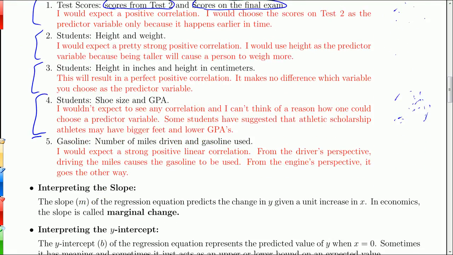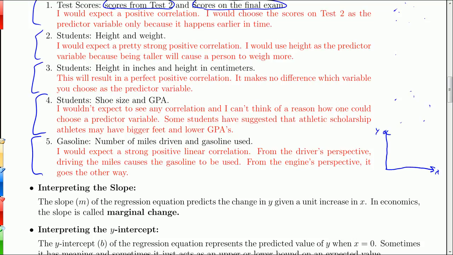Number of miles driven and gallons used. Gallons of gasoline used, or liters of gasoline. Alright, so which is X and which is Y? Which is the causative? I guess from the driver's perspective, driving causes the gasoline to go down, right?